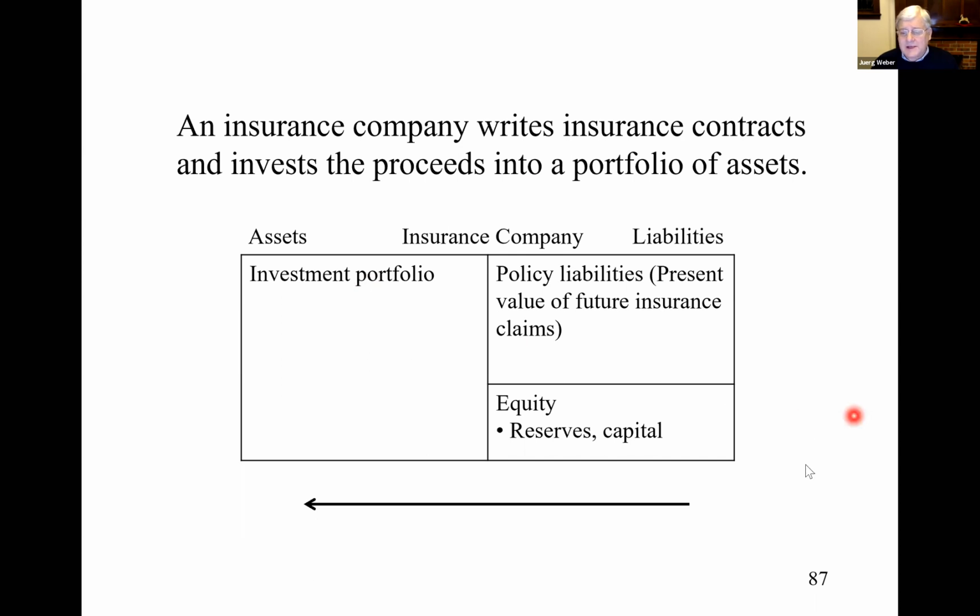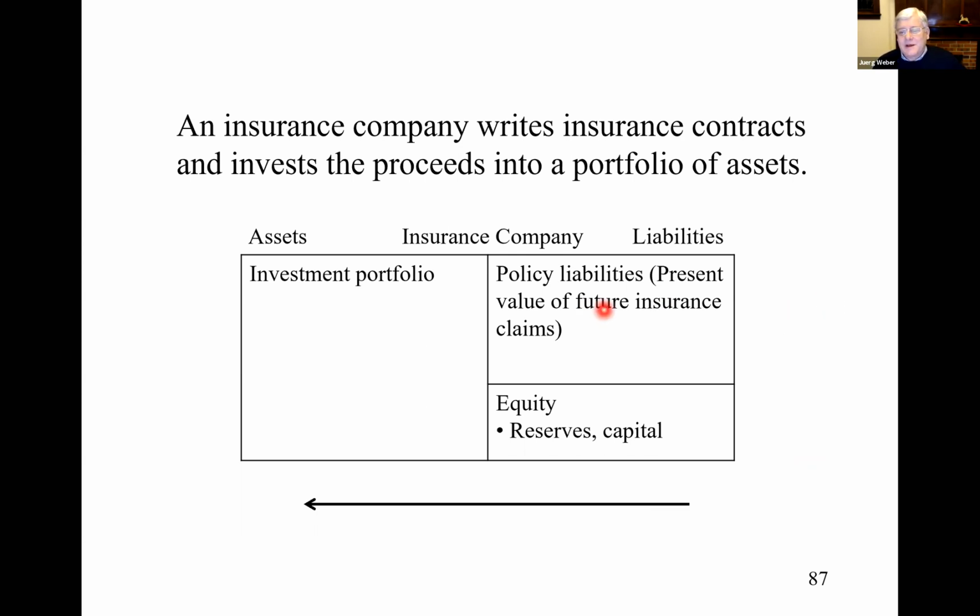Here again, the right side shows the source of the funds. People buy insurance contracts, and so the insurance company has a liability towards those people. When those people get sick, or their car gets stolen, or their house burns down, then the company has to return money to the people. They have to pay for those losses. So it's very similar to a bank account.